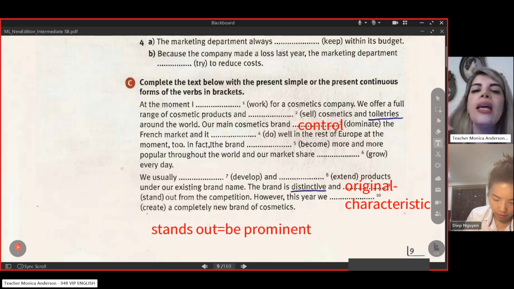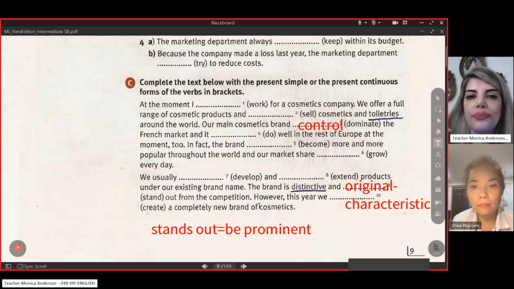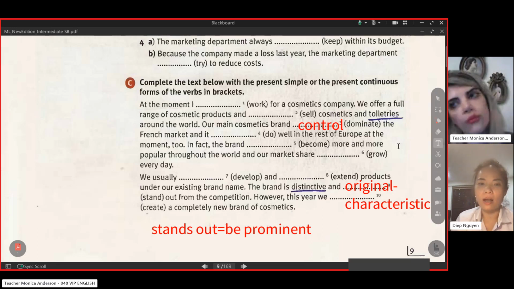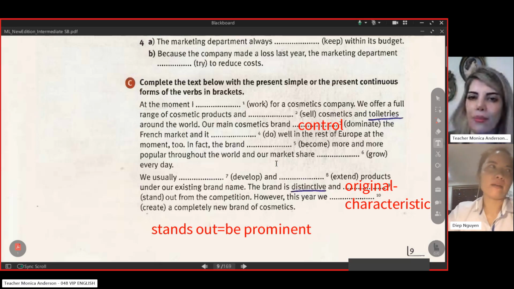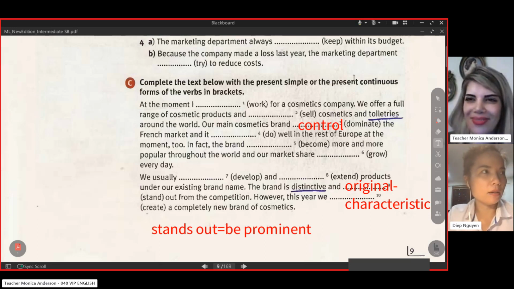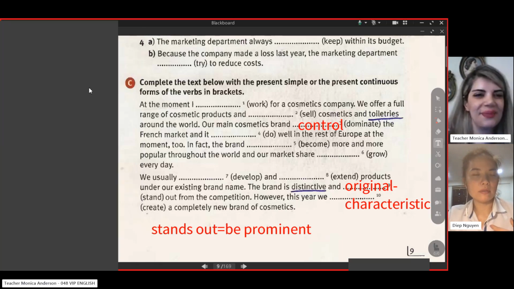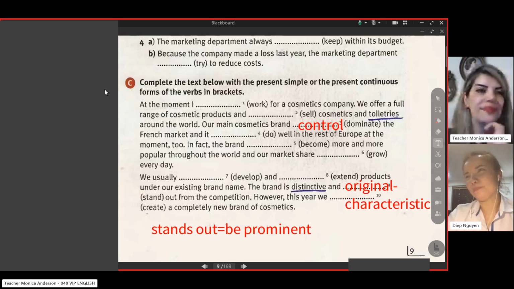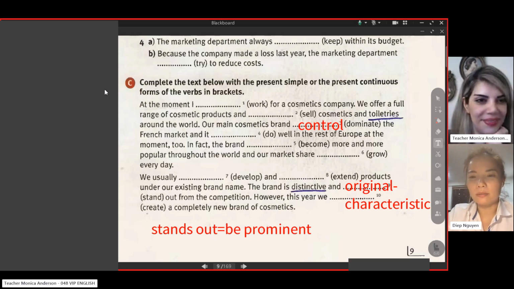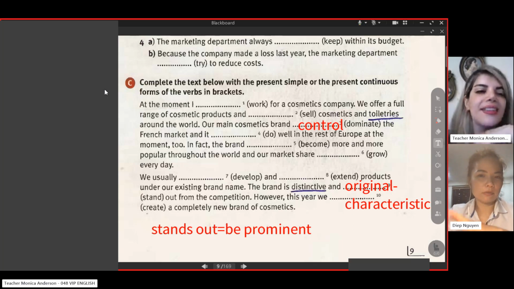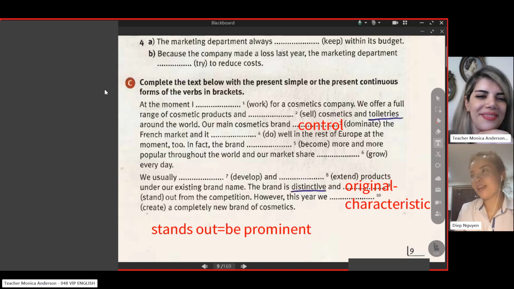Okay, any questions, any issues related to this section? No, thank you. I know my problem is I often use grammar by habit.